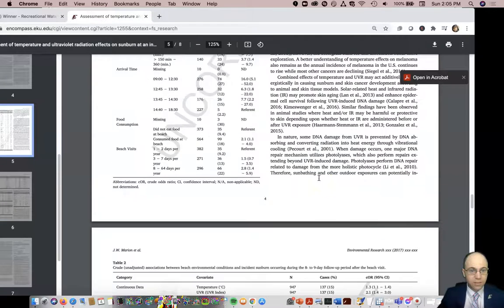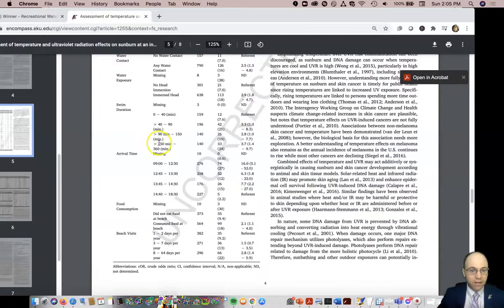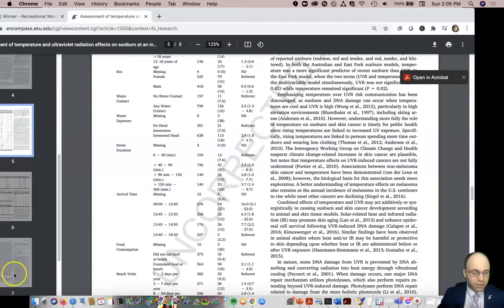So it's a significant amount of people. And if you're swimming for more than like 3 hours, 24% of them had sunburn. If you arrive early in the day, so you're spending most of the day at the beach, almost 27% of them had sunburn. So that's a lot.